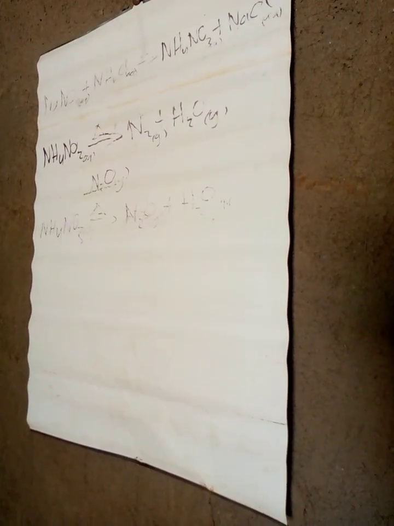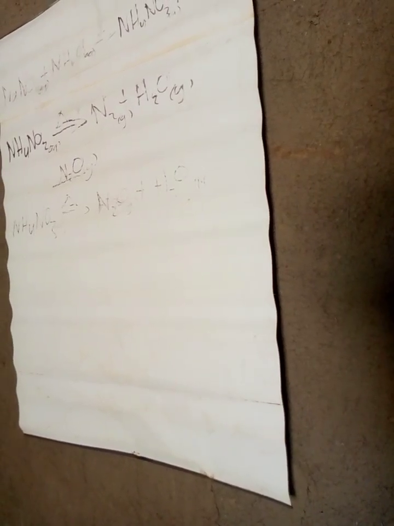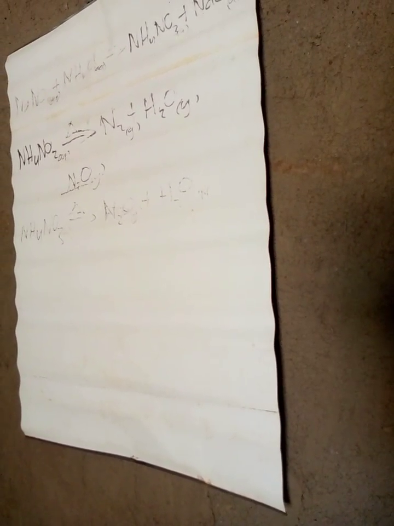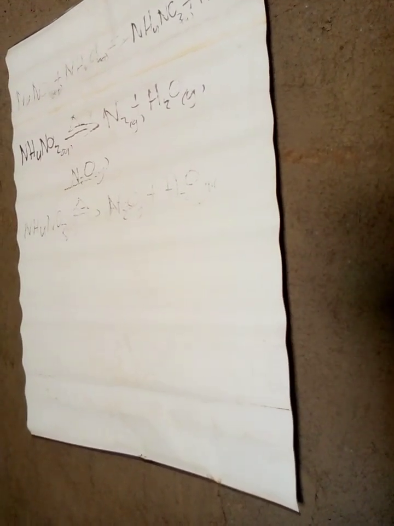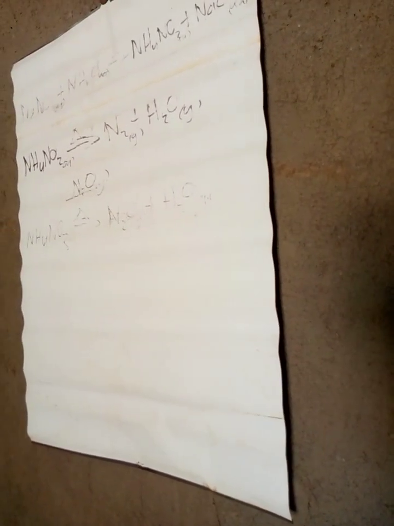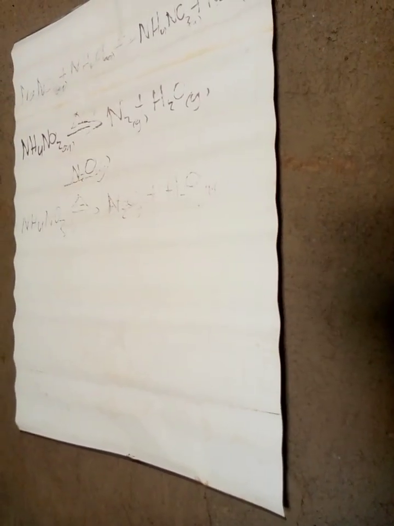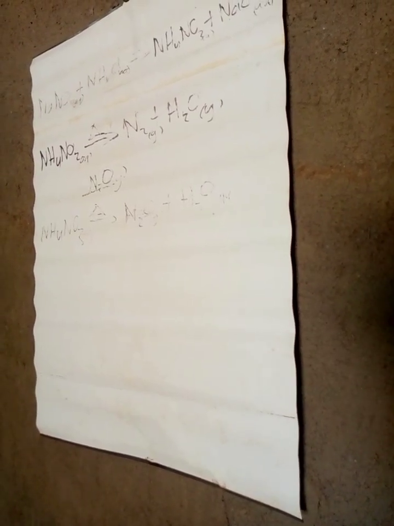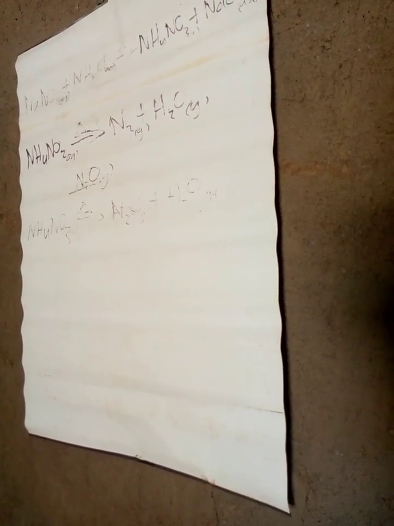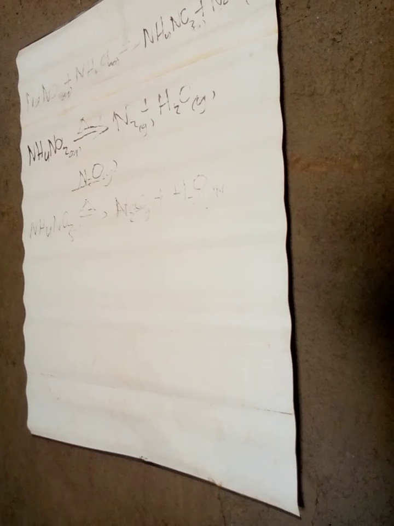Nitrogen 1 oxide is a colorless gas with a pleasant smell, and it is slightly denser than air. Being slightly denser than air, you can use that method that you were taught in Form 1 to collect it. Then it is fairly soluble in cold water, but insoluble in warm water.